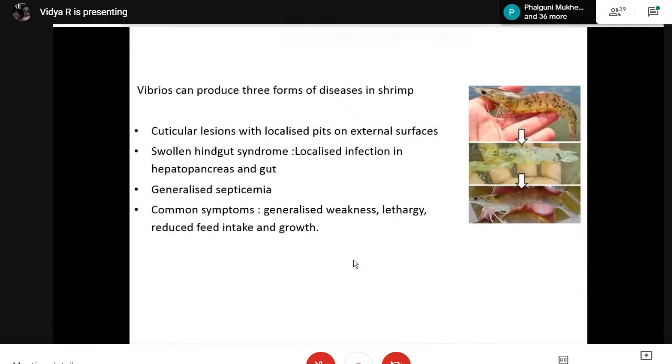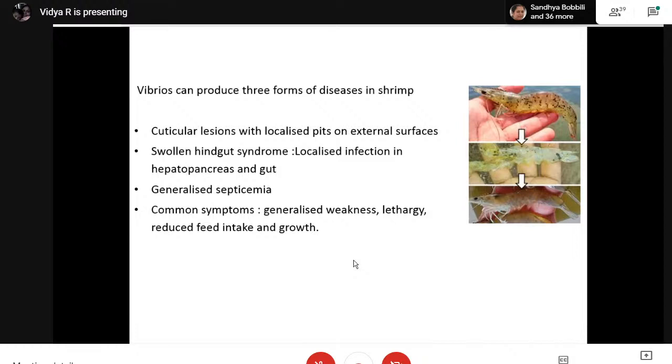Now you have seen the whole body is internalized with the vibrio bacteria. The other one is that it can make cuticular lesions, like black colored lesions all over the body. This melanization comes from the hemocytes.